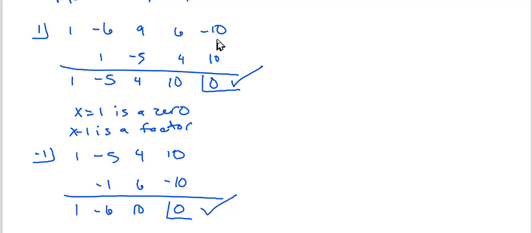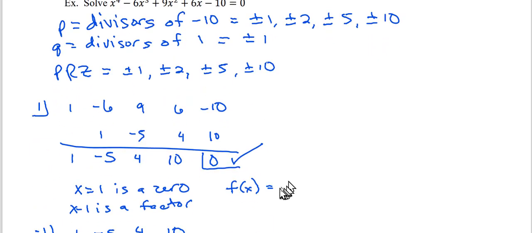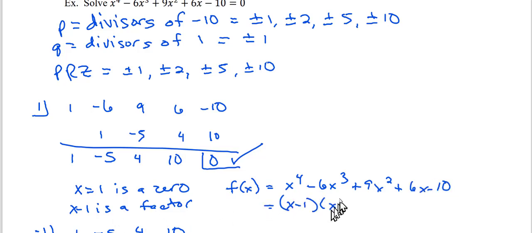I don't want to reuse what I started with because I kind of skipped a little step here. My f of x started out as x to the 4th minus 6x cubed plus 9x squared plus 6x minus 10. After I factored out that x minus 1, I then had x cubed minus 5x squared plus 4x plus 10 left.